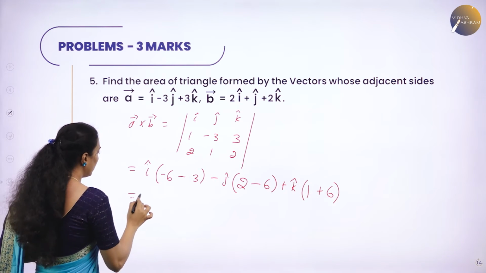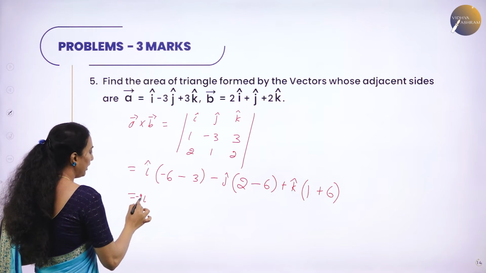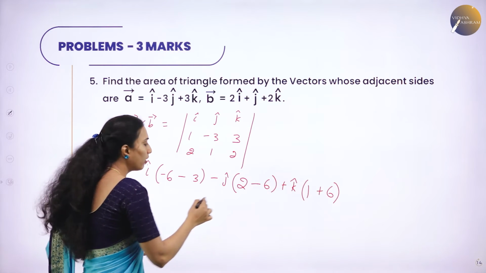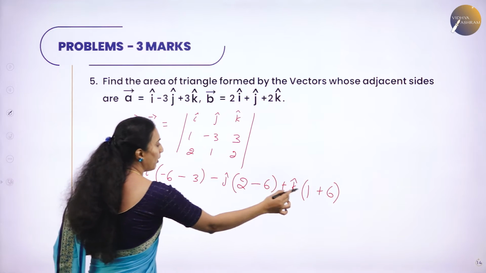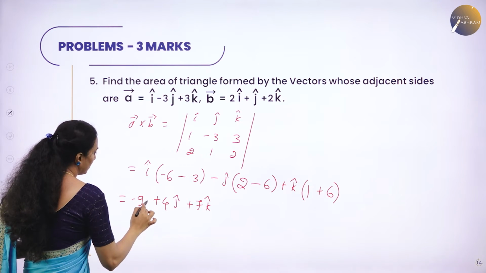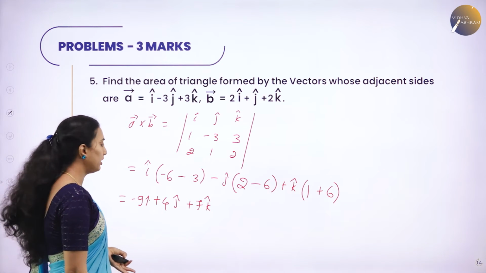So therefore answer you are going to get it as, see, minus 3 minus 6 is minus 9 i cap, again minus 2 minus 6 is minus 4, minus 4 into minus is plus 4 j cap. So 1 plus 6 is plus 7 k cap. So minus 9 i cap plus 4 j cap plus 7 k cap.